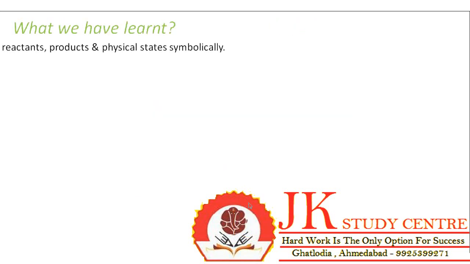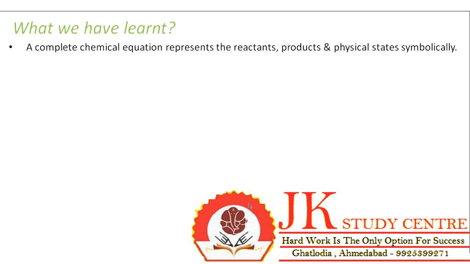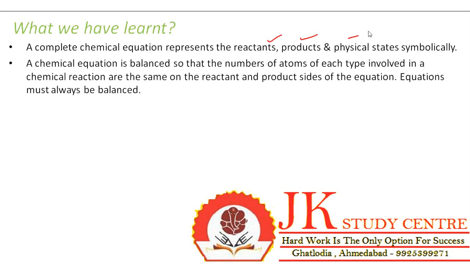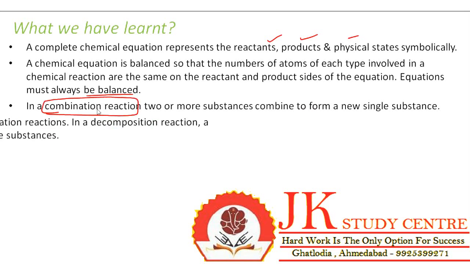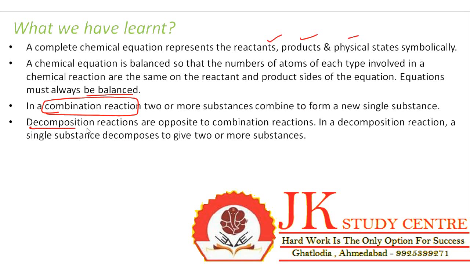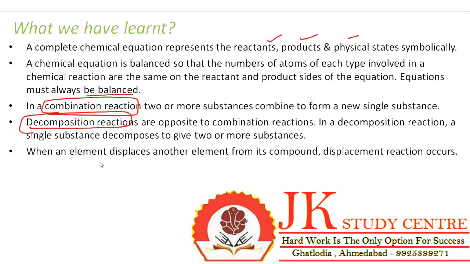So what we have learned: the chemical equation represents reactants, products and the physical state symbolically, and the chemical equation has to be balanced always, right? The law of conservation of mass. In a combination reaction we have two or more substances forming a single compound. In a decomposition reaction we have one compound breaking into two or more substances. In a displacement reaction one element displaces another one.